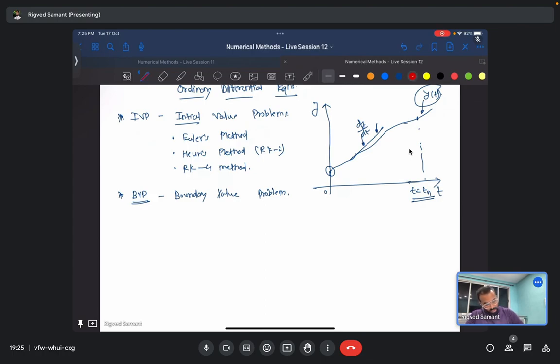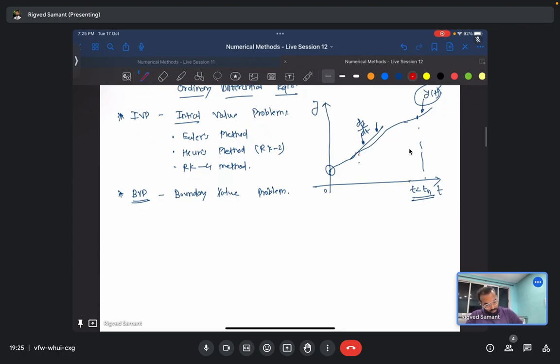Let's say I give you t at 2 and t at 10. I give you the y value, y at 10 and y at 2. Using these two, I ask you to find the value in between 2 and 10.